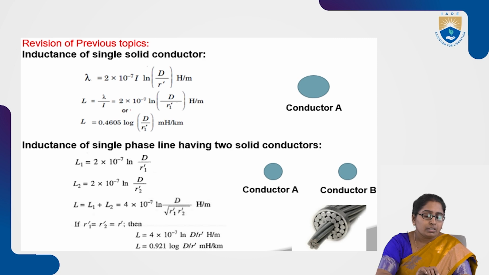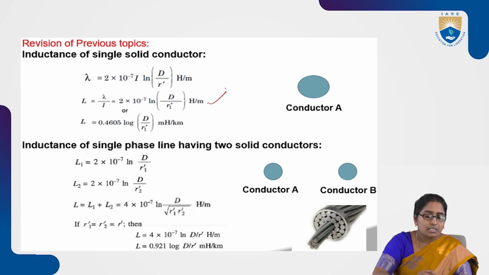The same expression in terms of log base 10 is 0.4605 log base 10 capital D by R dash, given in millihenries per kilometer. Just remembering the first one is sufficient. Anyway, this is the inductance expression for a single conductor.